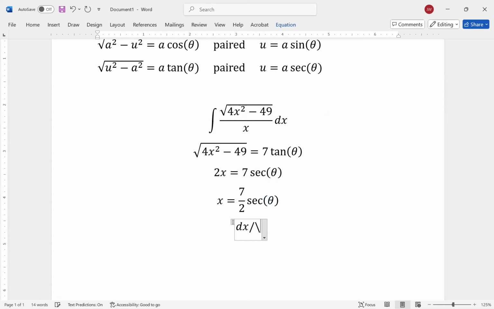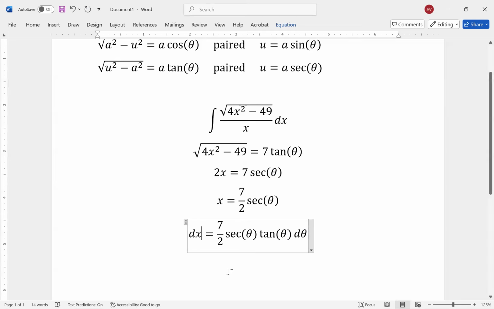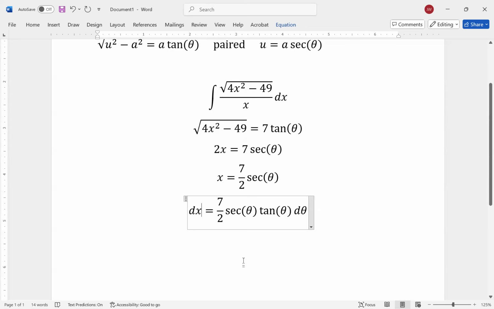Derivative of x with respect to theta is equal to 7 halves times secant theta multiplied times tangent of theta. So the differential exchange is that the dx can be replaced with 7 halves times secant theta times tangent theta d theta.